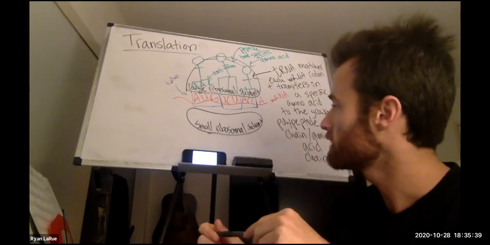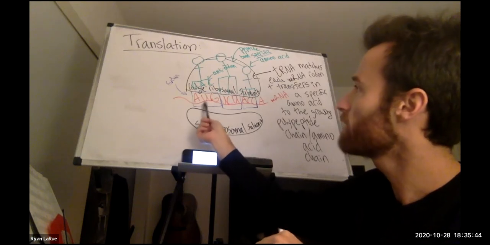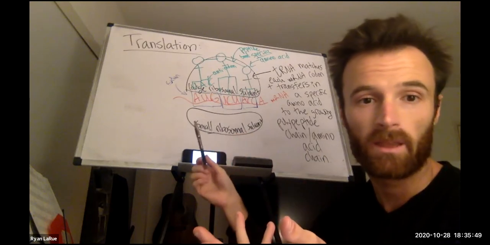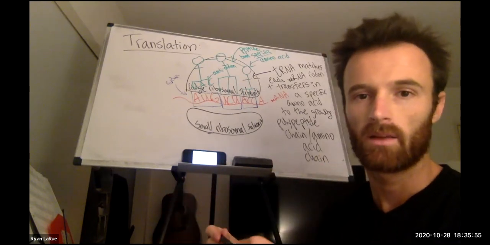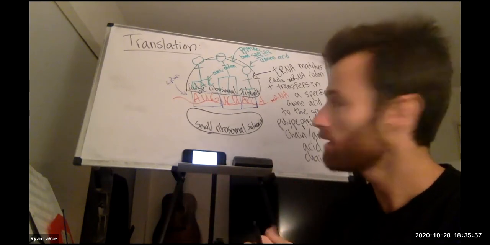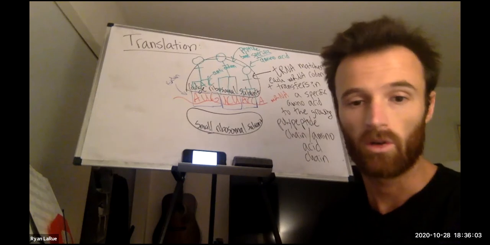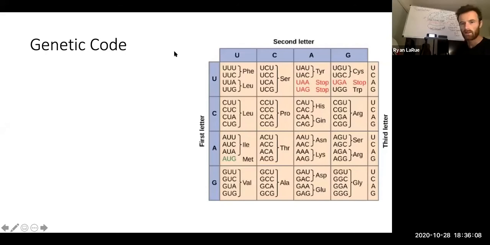It tells us, for every combination you can have for a codon of mRNA nucleotides, what specific amino acid will be transferred in during translation. And here it is on the right side there. That's the genetic code table. So take a look at that.